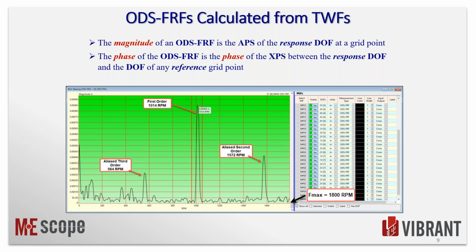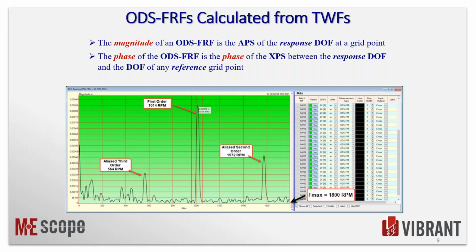So aliasing is a problem with a video that we don't have with accelerometers and an FFT analyzer, because that hardware will have an anti-aliasing filter that'll filter the analog signal before it's processed in the analyzer to remove the higher frequencies. We don't have that luxury with a video. There's no filtering.